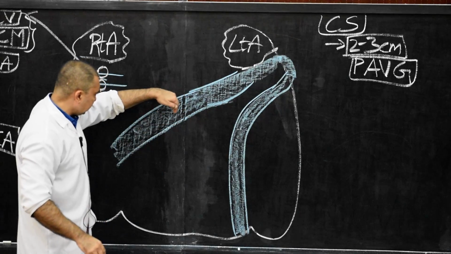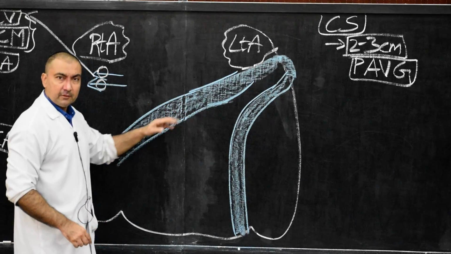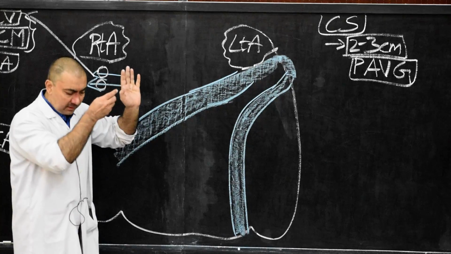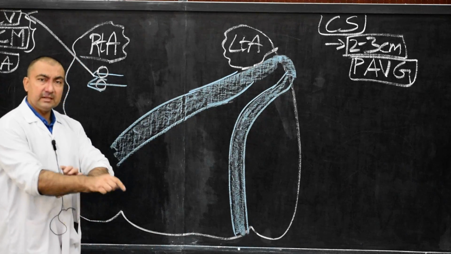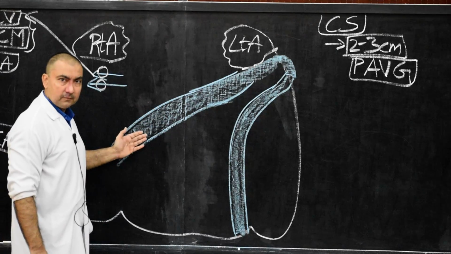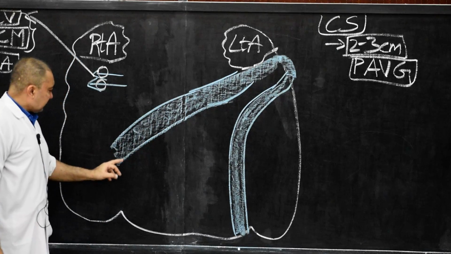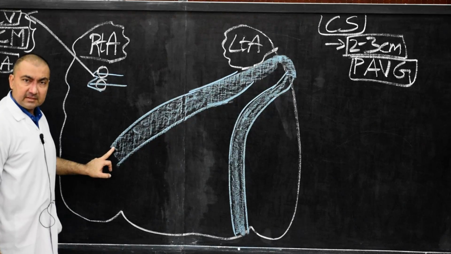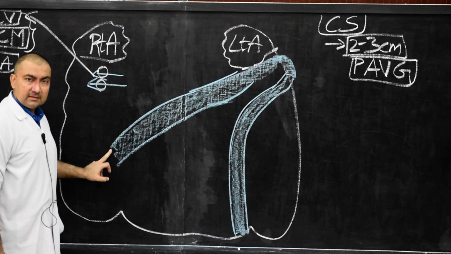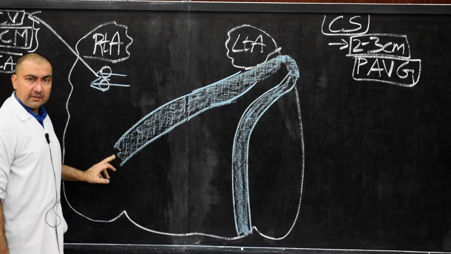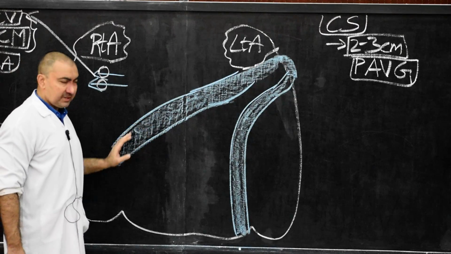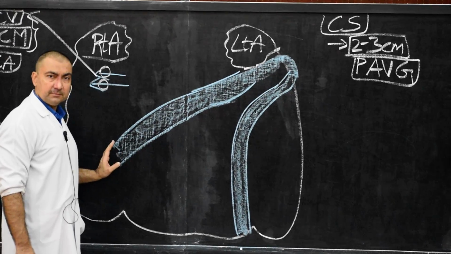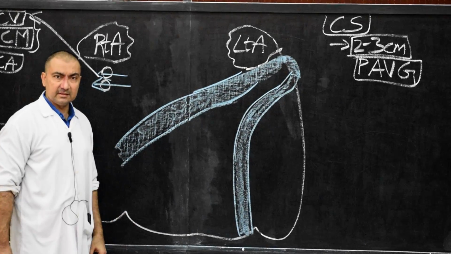Similarly, the coronary sinus then travels in the posterior part of the atrioventricular groove in the right, inferior oblique direction, and it is present only till the posterior part of the atrioventricular groove. So this is the termination of the coronary sinus.